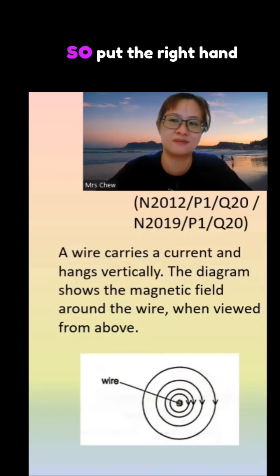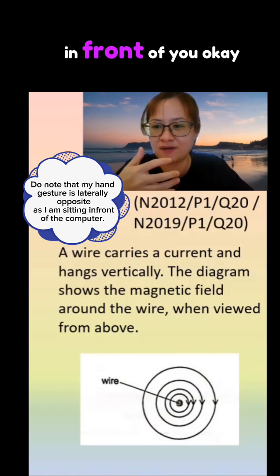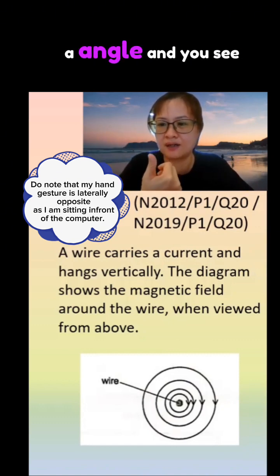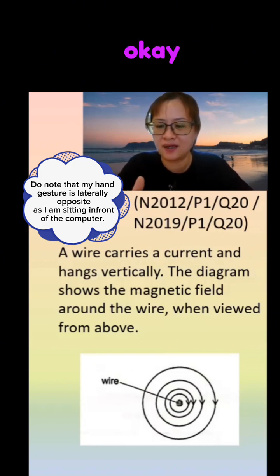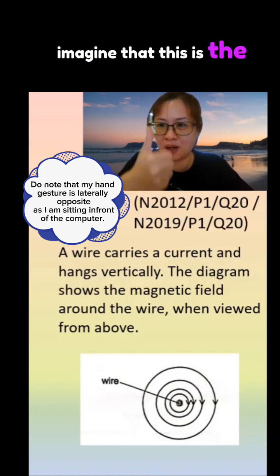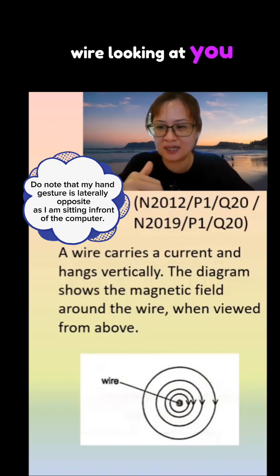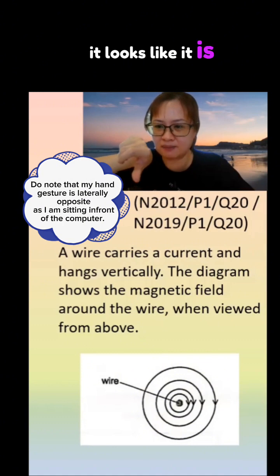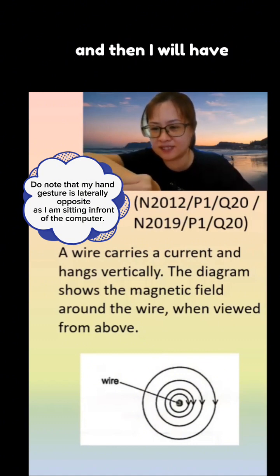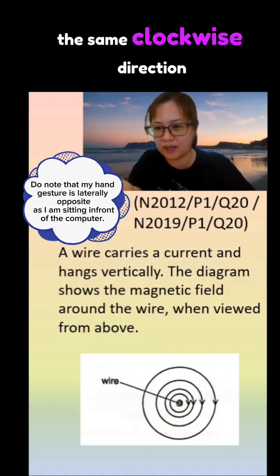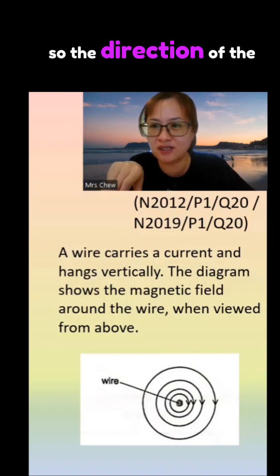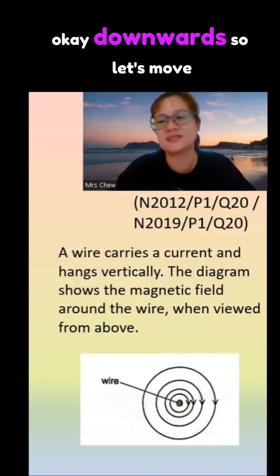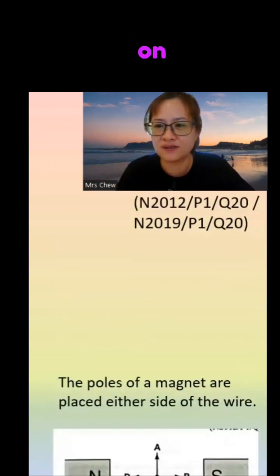Put the right hand in front of you and try to make an angle. Imagine that this is the wire looking at you. Is it this way or this way? It looks like it is pointing downwards, and then I will have the same clockwise direction. So the direction of the current is actually downwards, okay? Downwards. So let's move on.